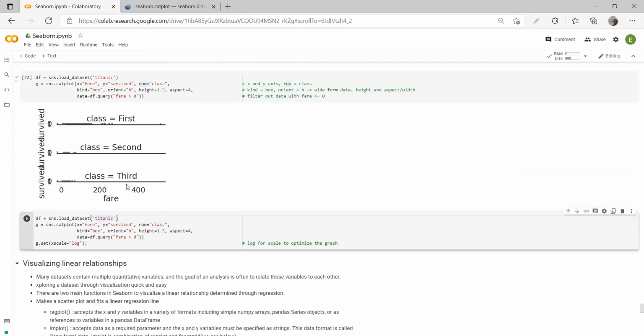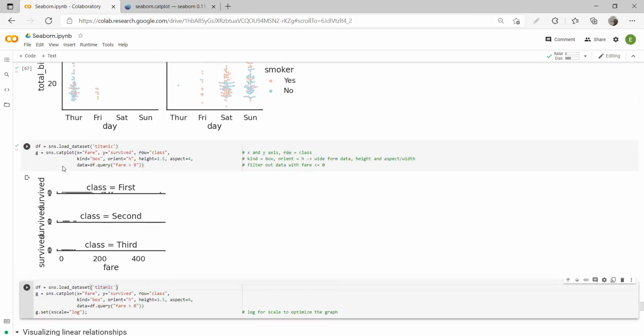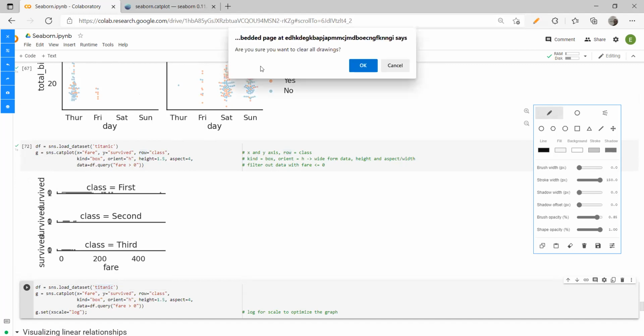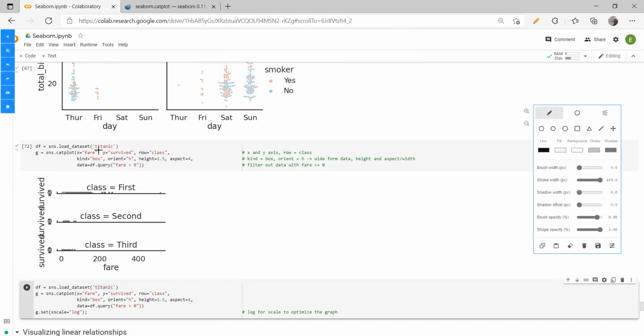Okay. So we tried a couple of things and it did not work out, right? And let's see what can be a possible solution in the second option, right? We tried all the possible things, but it still doesn't show well. But let's try to understand what it is doing. We are showing the Titanic data. X is our fare.